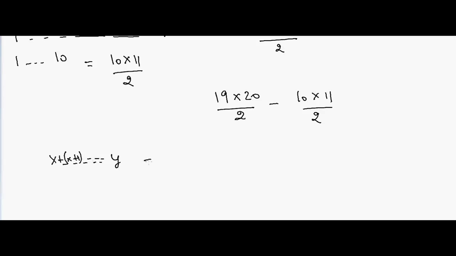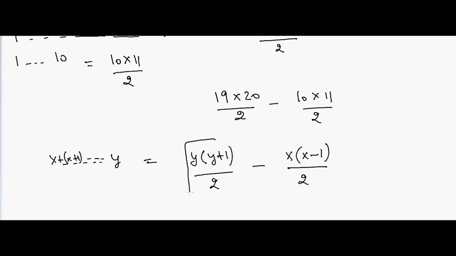In that case I can write this as y into y plus 1 divided by 2 minus, and here we have to be careful because this is x, so this will be equal to x into x minus 1, because we are adding until x minus 1, divided by 2. So that will be our answer if we have to add numbers in series.